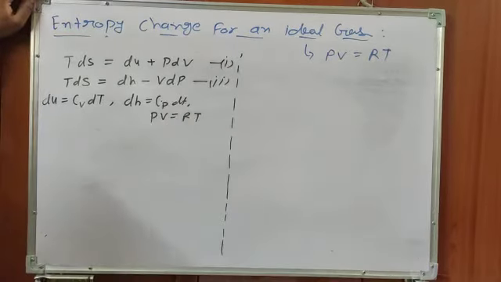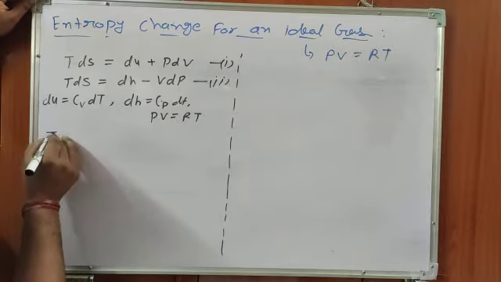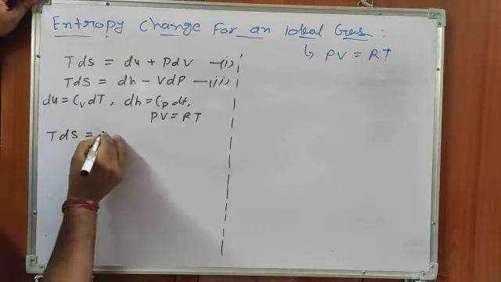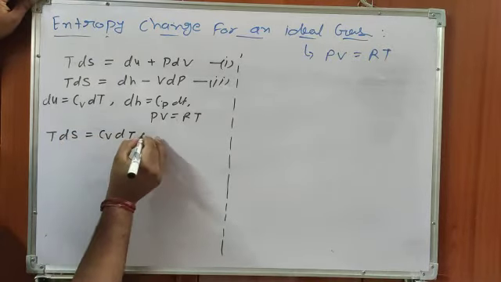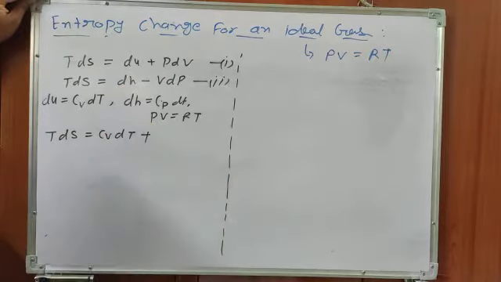Now starting from equation 1, what can we write? TdS is equal to Cv dT plus P dV.